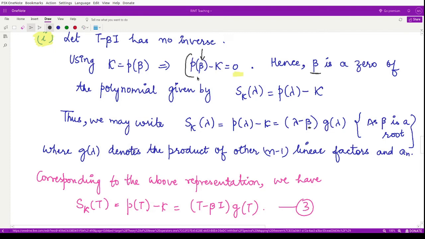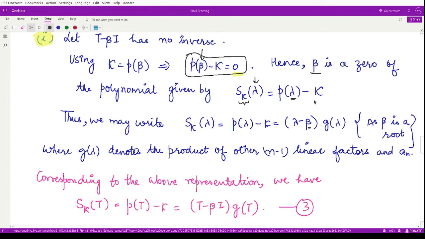So corresponding to this, we can write a polynomial P of lambda minus kappa, such that when you input instead of lambda the value beta, you get 0. We denote this by S kappa of lambda, where lambda is the variable and kappa is a fixed number. By changing kappa, our polynomial changes, so this polynomial is dependent on kappa.